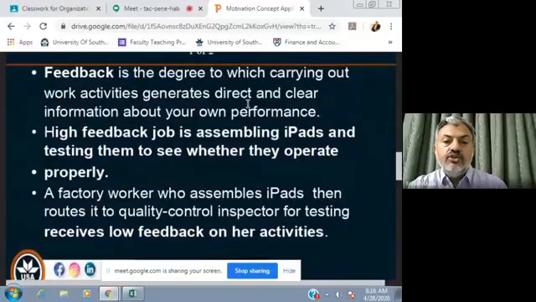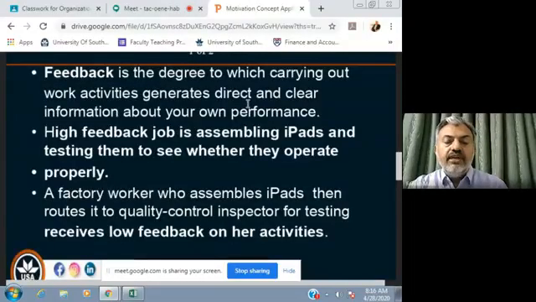So you are testing it yourself, you are a quality control person yourself, and you are operating the iPad yourself to see whether it works fine. So there is variety in the job, and you get feedback when the iPad is working properly and there are no problems. Then you put an OK sticker on it and move it forward to the packing department.